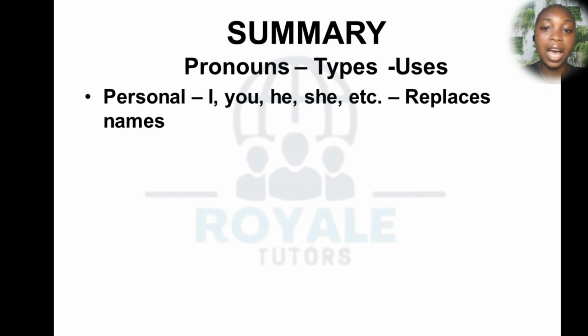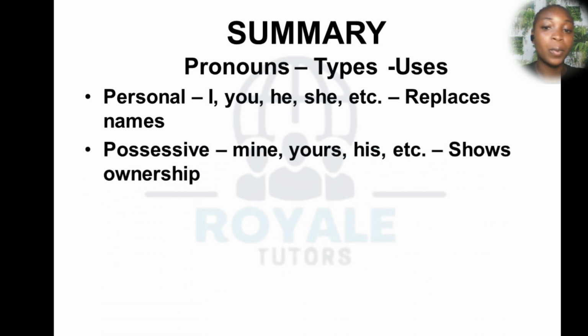An example, you have I, you, he, she, and so on. And don't forget the fact that you can either have a subject personal pronoun or object personal pronoun. And also, we have the possessive pronoun used to show ownership, to state the owner of something. It could be yours, it could be mine, it could be his, all right?